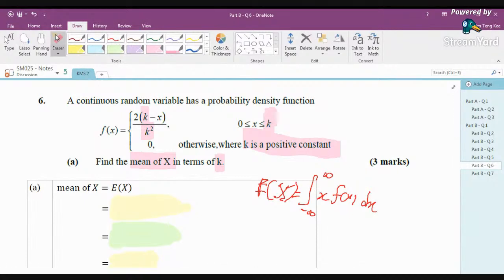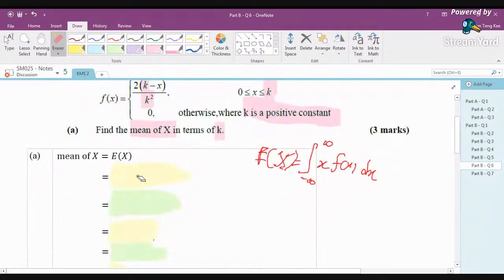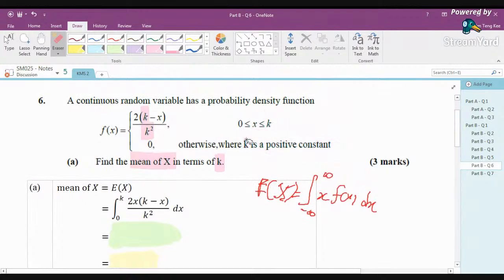So in this case, when I want to calculate E(X), I will integrate from 0 until k. There is only one non-zero function involved here. The smallest value I have is 0, the largest is k, so integrate from 0 to k.